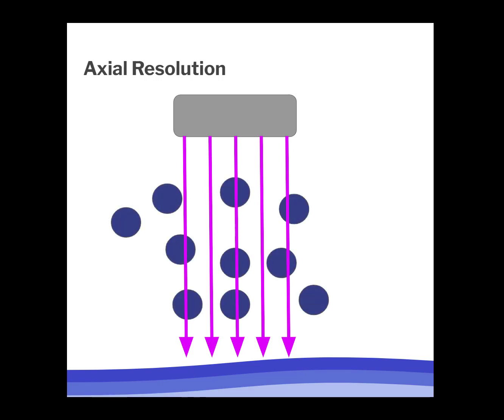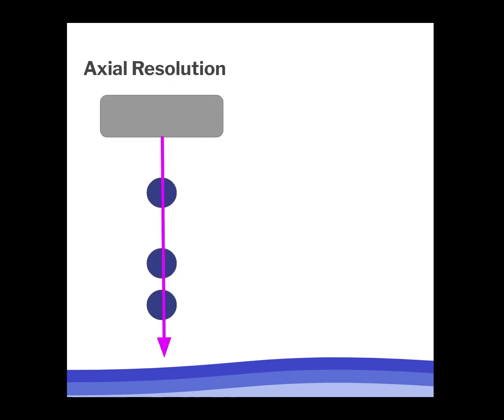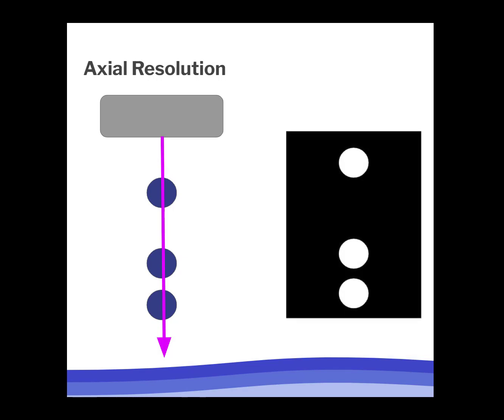It is the reflectors that are sitting within the length of the pulse or run in the same direction of the pulse that we consider to be parallel to the beam. Another way we can think of this is that these are reflectors that sit in front and back of one another rather than side by side. So axial resolution will determine, can the machine accurately display these reflectors, or will it inaccurately display the reflectors?